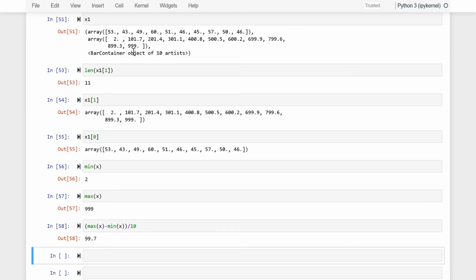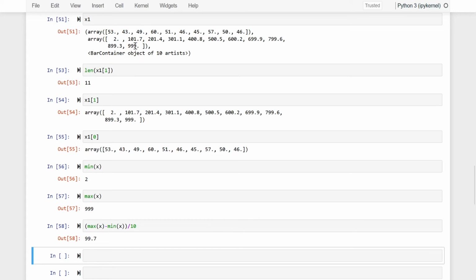999. In other words, starting from the minimum number, if we keep jumping 99.7, we will reach 999 after having jumped 10 times, which means if we are jumping 10 times, there has to be 11 numbers. See, first jump, second, third, fourth, fifth, sixth, seventh, eighth, ninth, tenth jump.